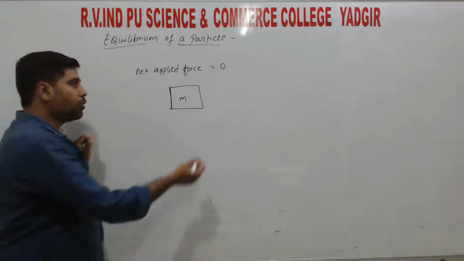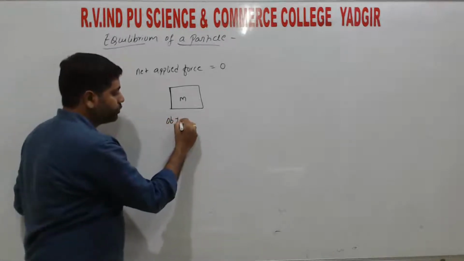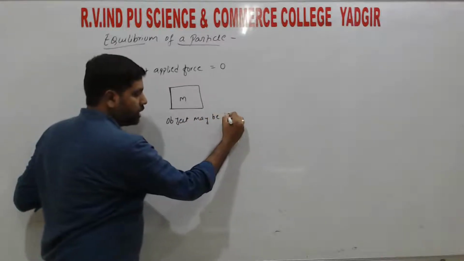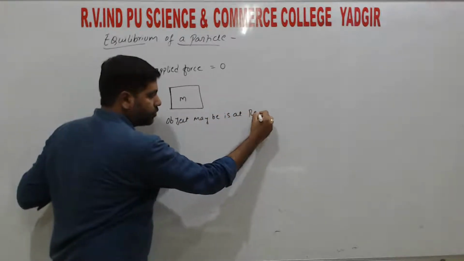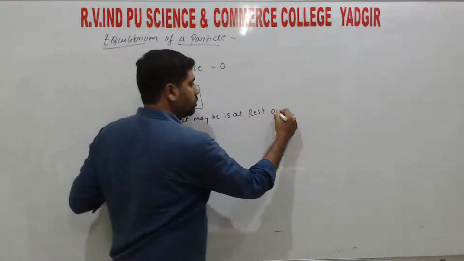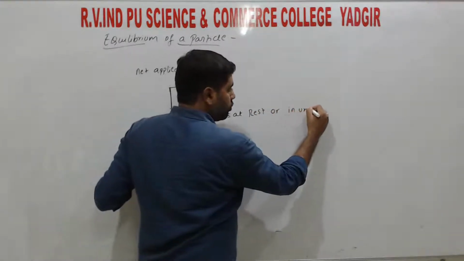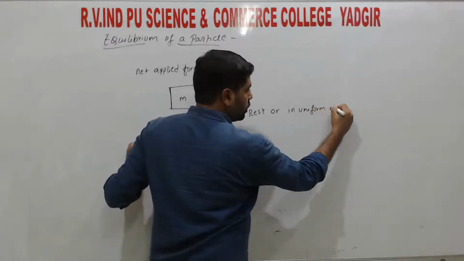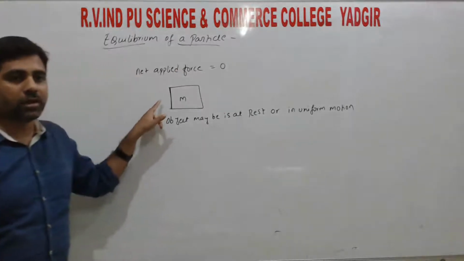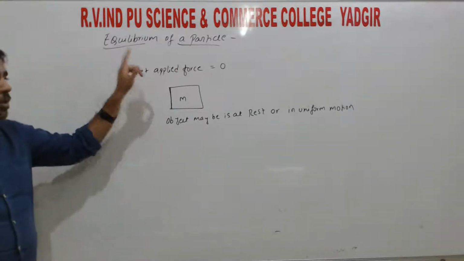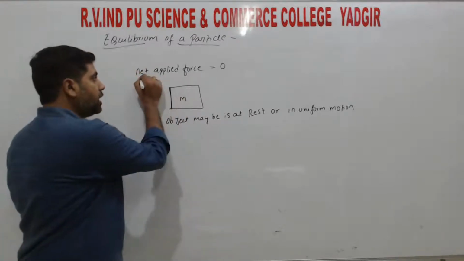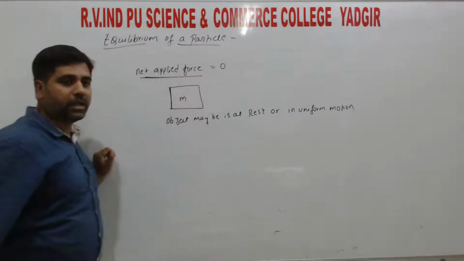So the object may be at rest, or in uniform motion. Even in uniform motion, we call the object at equilibrium. Being at rest is also called equilibrium when the net applied force on an object is 0.